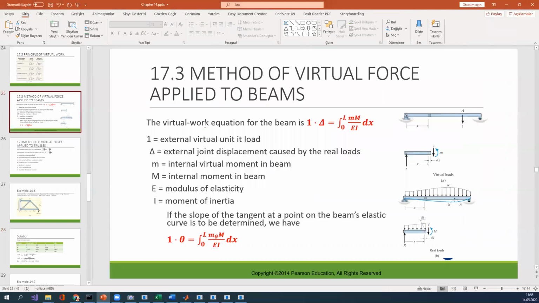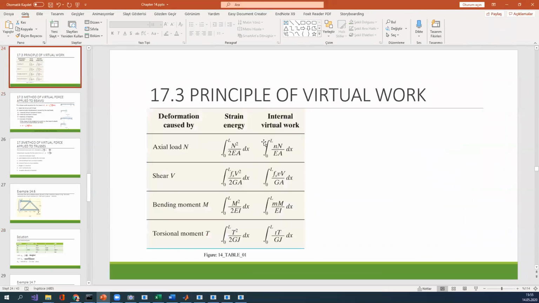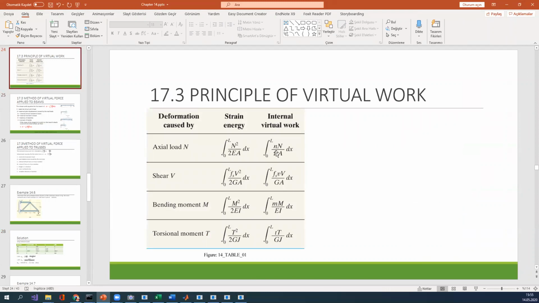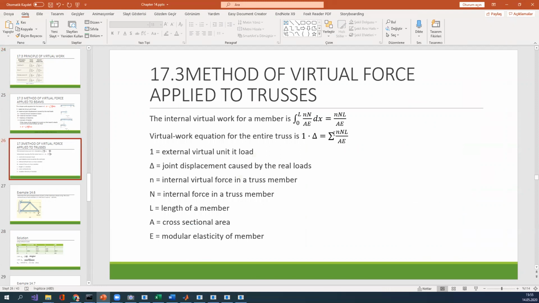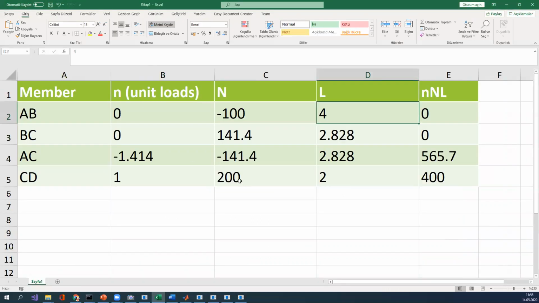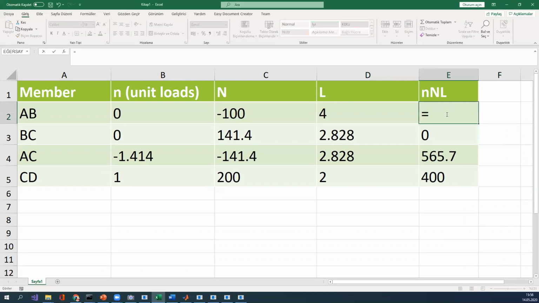You can see for truss structures the formulation is small n, capital N divided by EA. I'm sorry, this formulation, not this one. Yeah, small n, capital N, L over EA. Therefore, in the multiplication, first of all I take EA as a constant, and this is equal to small n times capital N times L, and I want to sum this.